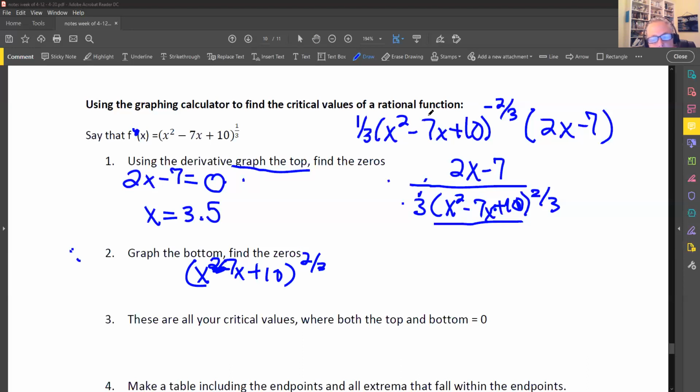Okay, looks like the bottom equals 0 at 2 and 5. You can verify that on your own.